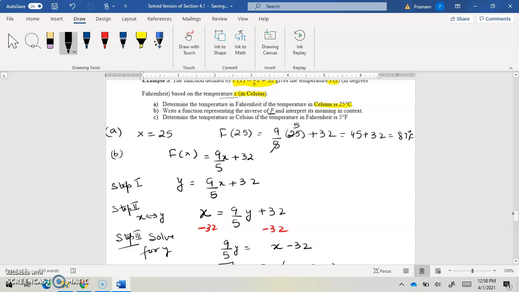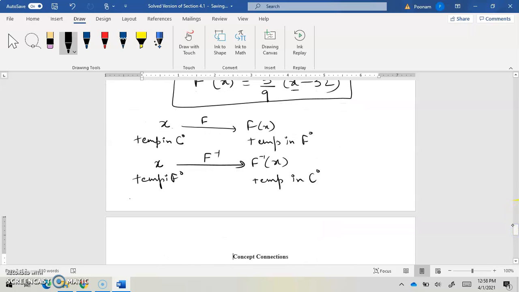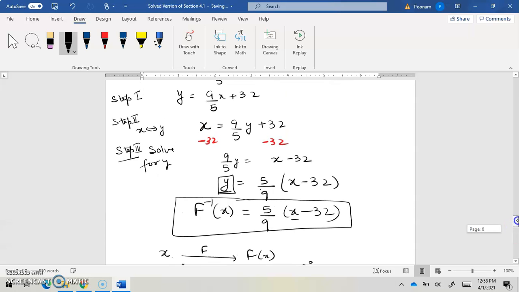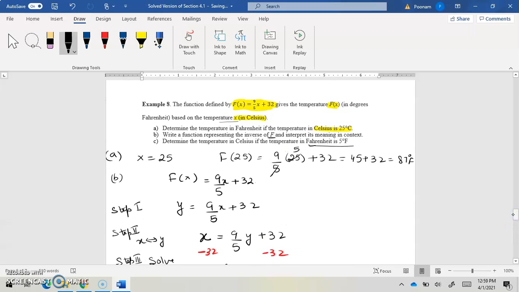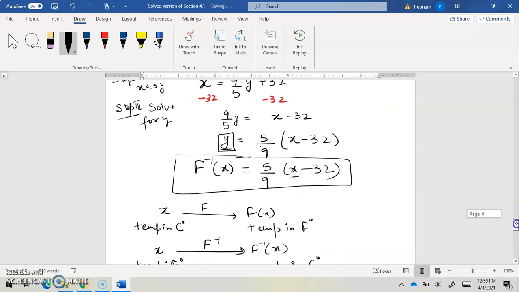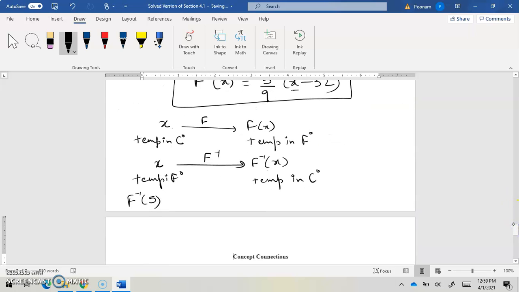Determine the temperature in Celsius if the temperature in Fahrenheit is 5 degrees. So we have to apply f inverse on 5 because we are given 5 degrees Fahrenheit. We want to convert it into Celsius. That function is f inverse.